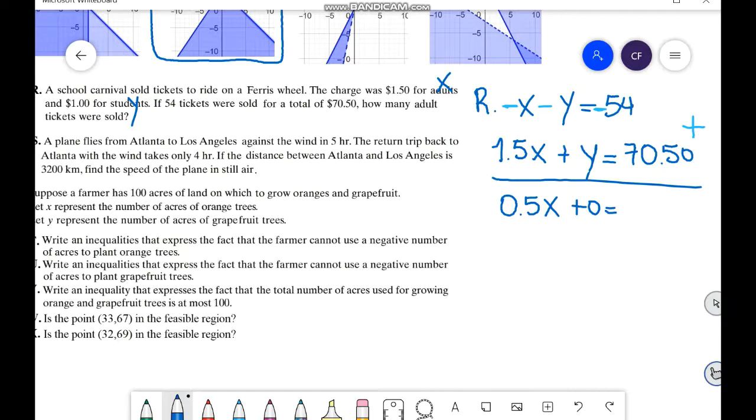And negative 54 plus 70.50 is 16.5. Multiply by 2 both sides, and find x equals 33. This is the answer. For letter R, the right answer is x equals 33.